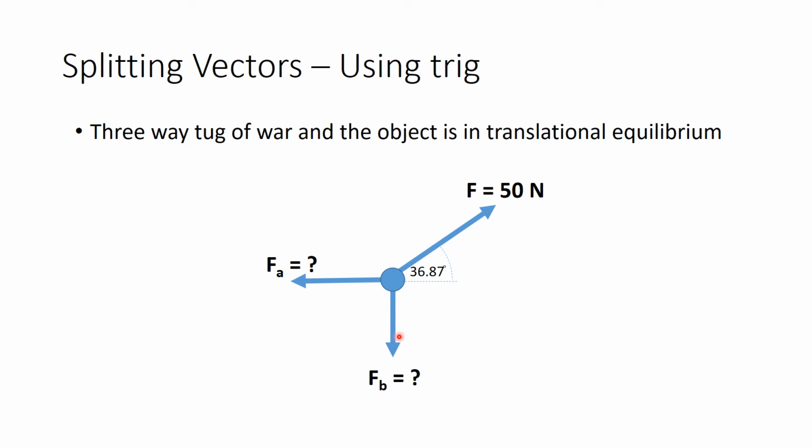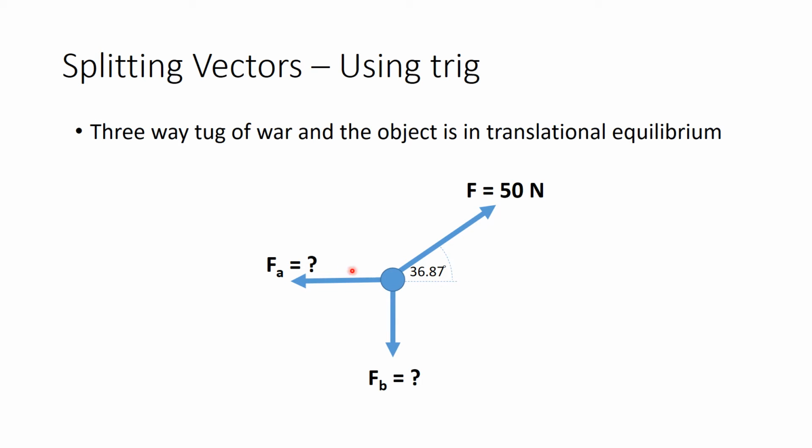But in order to balance it vertically, I need to know what component is upwards. In order to balance the equation, if this is, by the way, I forgot to state, in translational equilibrium, and have no net force horizontally, I need to know that the horizontal component of this diagonal is equal to him.